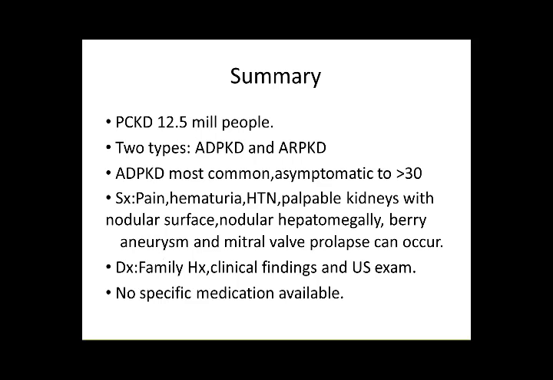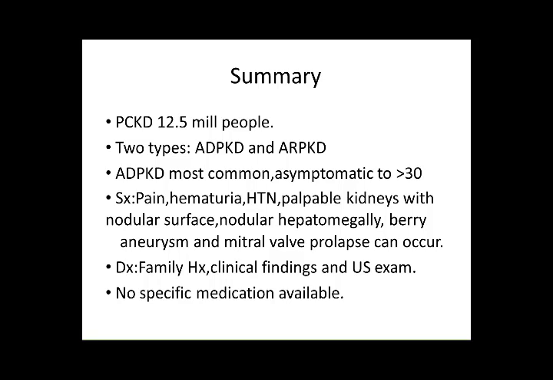So the summary of this lecture is: 12.5 million people are suffering from polycystic kidney disease. There are two types: adult polycystic kidney disease, which is autosomal dominant, and the other is autosomal recessive polycystic kidney disease.